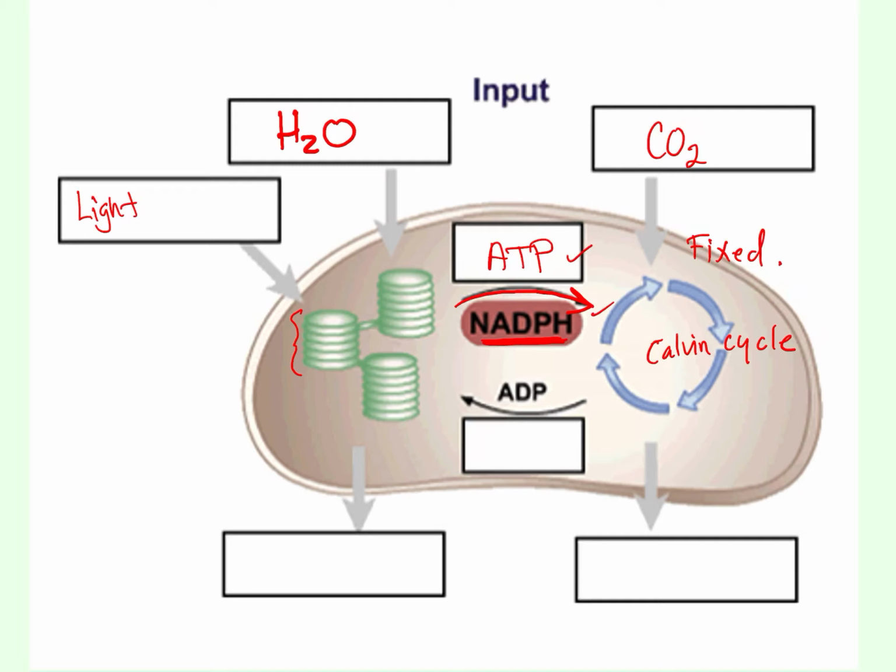We're going to get G3P, which eventually becomes glucose. Oh, I'm sorry. The waste product, oxygen, is being made here. And if we want to fill in the last blank, what is NADPH when it's empty? It's just called NADP. All right.